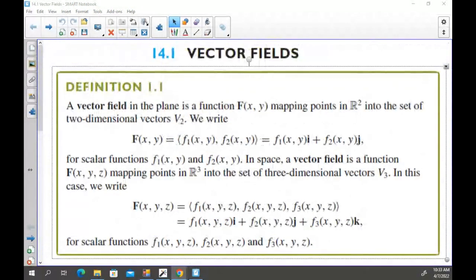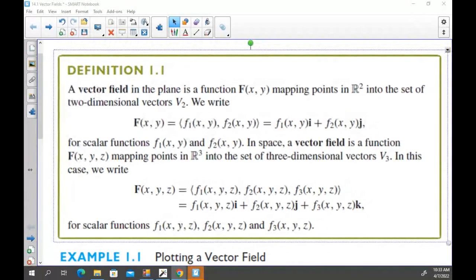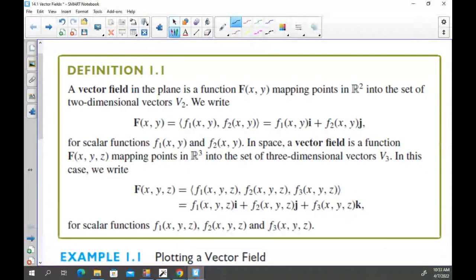All right, so vector fields are basically functions. A vector field is a function f of xy, which basically gives you a vector. It takes a point xy, f of xy is a vector with two components, f1 and f2.